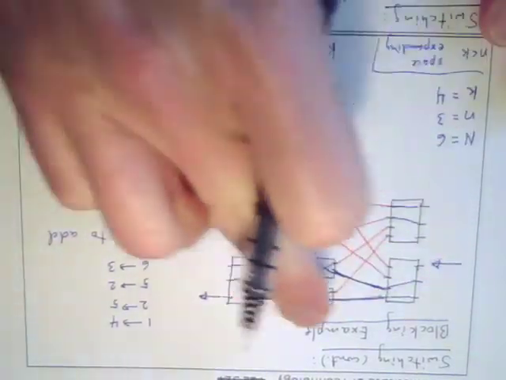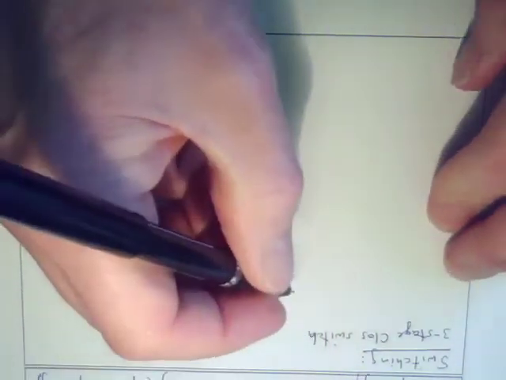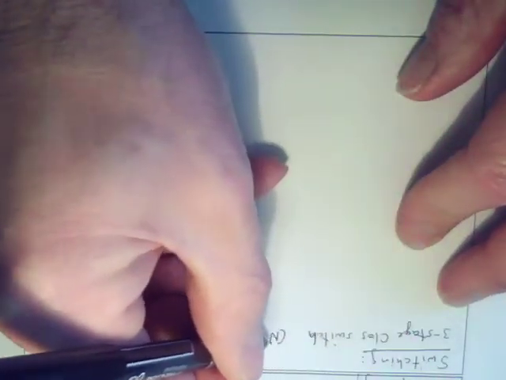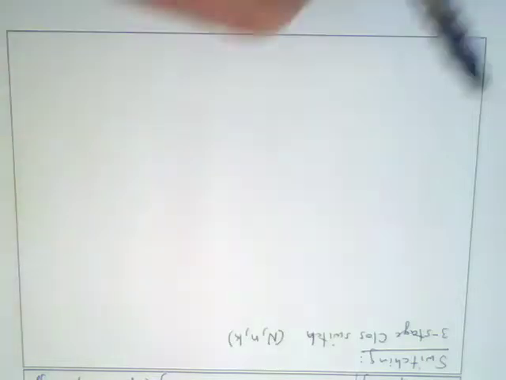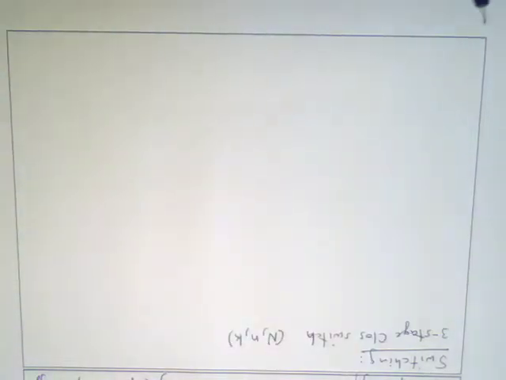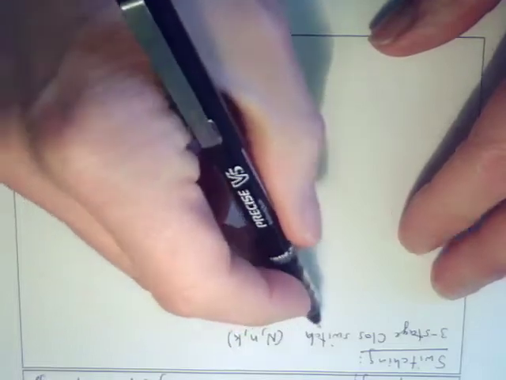Problem number 2 asks you to write down some equations, and let me just remind you on the three-stage Clos switch. That's this basic design we've got here, where we've got 3 stages, an input, a center stage, and an output stage. First of all, this three-stage Clos switch is characterized by n, little n, and k. And given those values, we can calculate the total number of 2 by 2 switching elements.